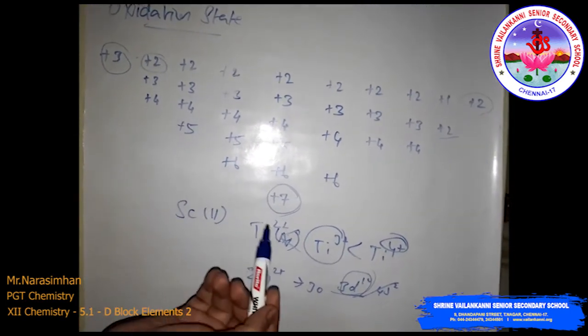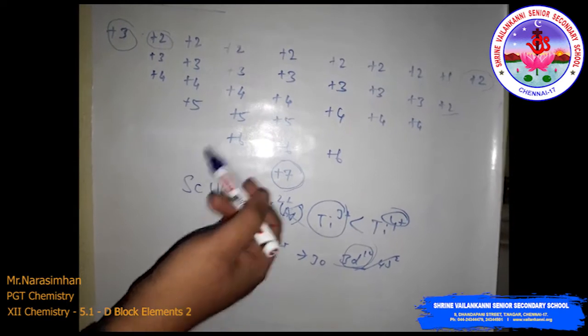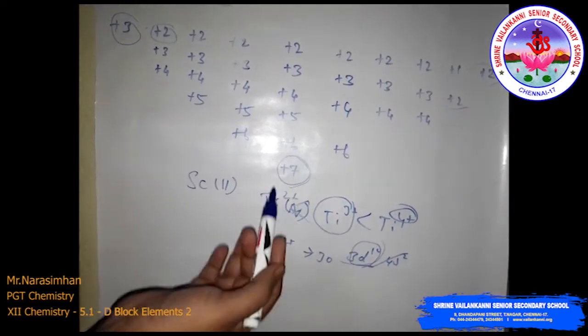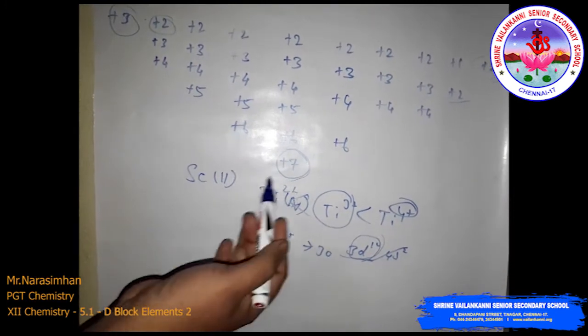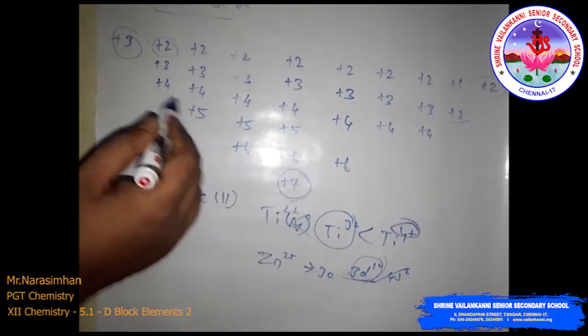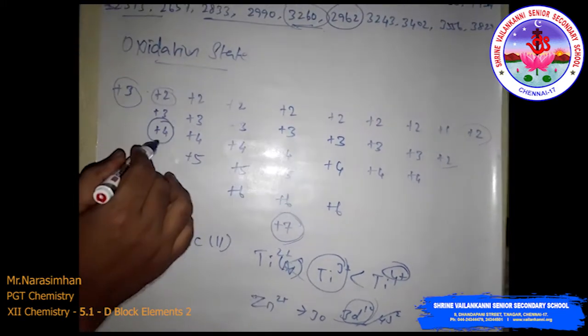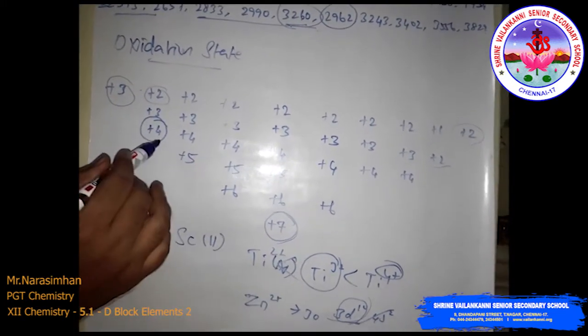Here, look at the maximum oxidation state of reasonable stability. I will tell you which ones are stable. Titanium +4 is very stable.